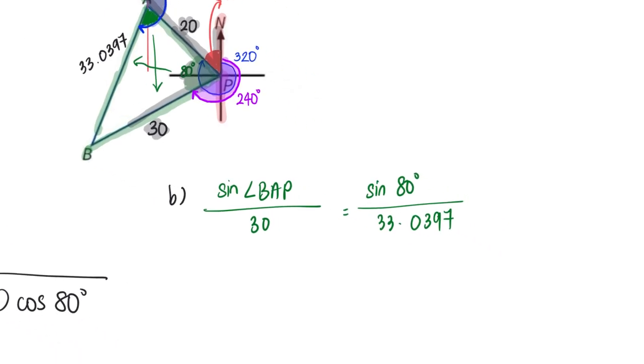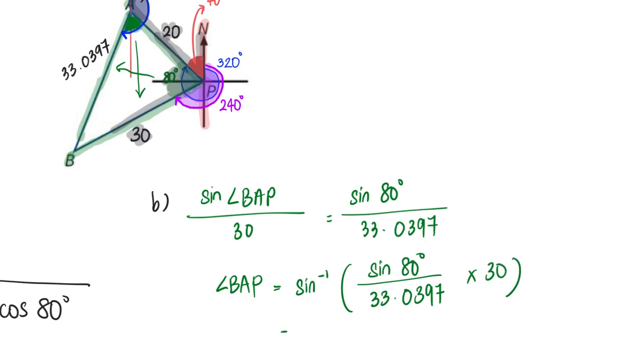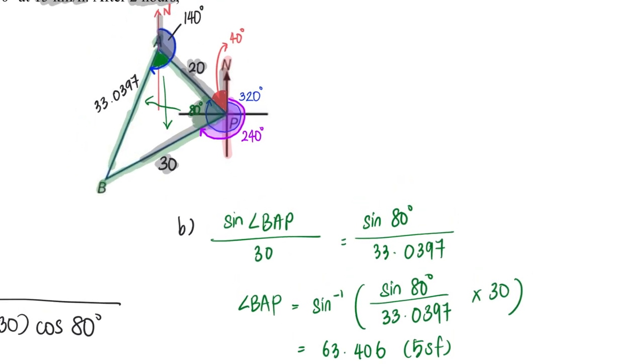From here I would then be able to get my angle BAP, which is the sine inverse of this expression. It is 63.406 to about 5 significant figures.